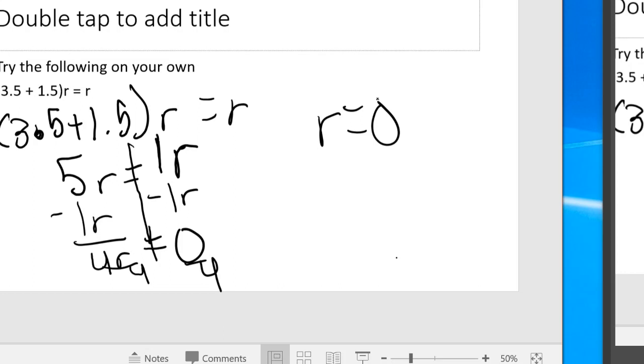Okay? It's just the same as if I had 2x plus 4 is equal to 4x plus 8. I would still get the variables onto one side, right? And I would do that by subtracting. Is there anyone who does not understand this problem?